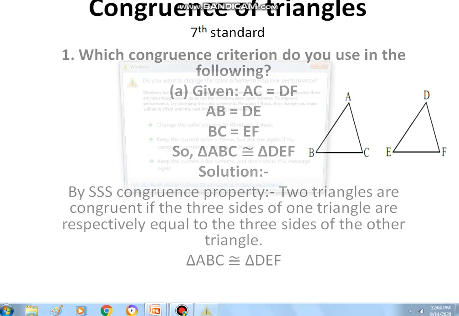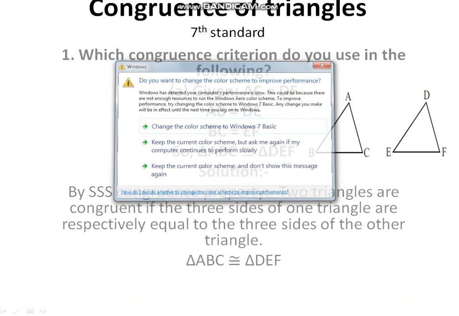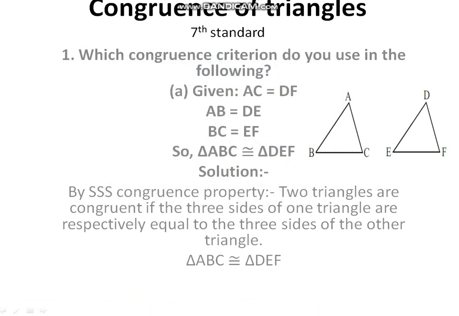We have to see whether these two triangles are congruent. Here all the sides are equal. Therefore by the SSS congruency, the two triangles are congruent because all the sides are equal. Hence triangle ABC is congruent to triangle DEF.